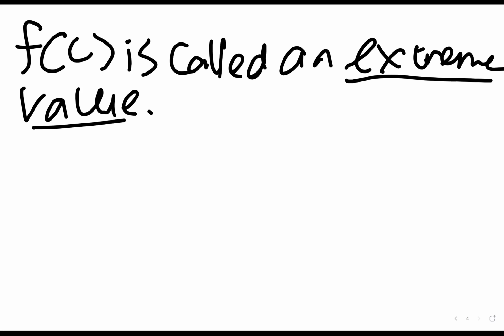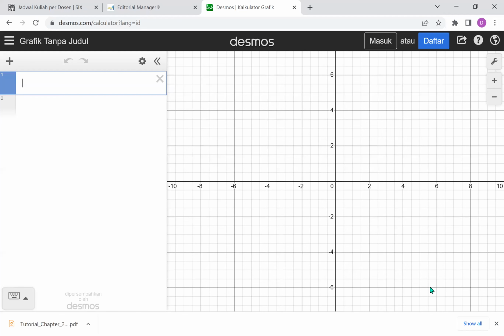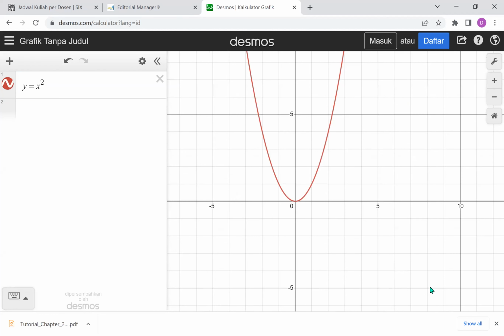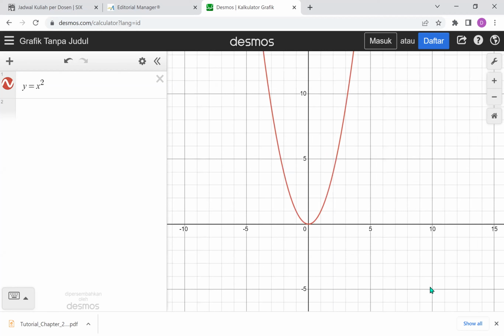Let us take a look at the example for the maximum and minimum value by graph. For example, if I consider y equals x squared here, and I is the whole real line, then what is the minimum value of y equals f of x equals x squared?